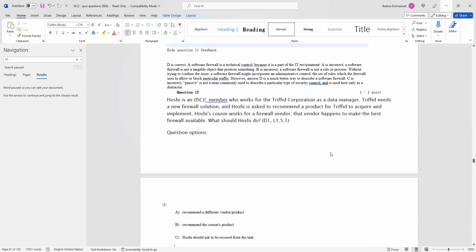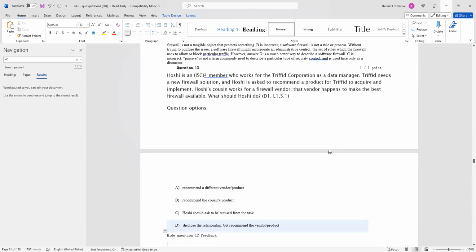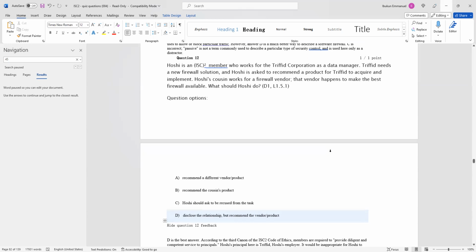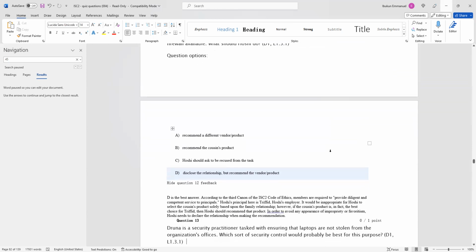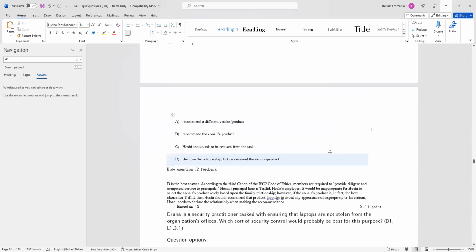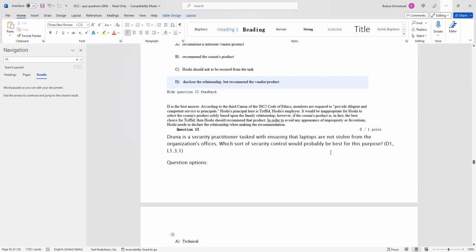XYZ is an ISC2 member who works for the Trifid Corporation as the data manager. They need a new firewall solution and are asked to recommend a product for Trifid to acquire and implement. Their cousin works for a firewall vendor. That vendor happens to make the best firewall available. What should they do? They should actually disclose the relationship, but recommend the vendor product.